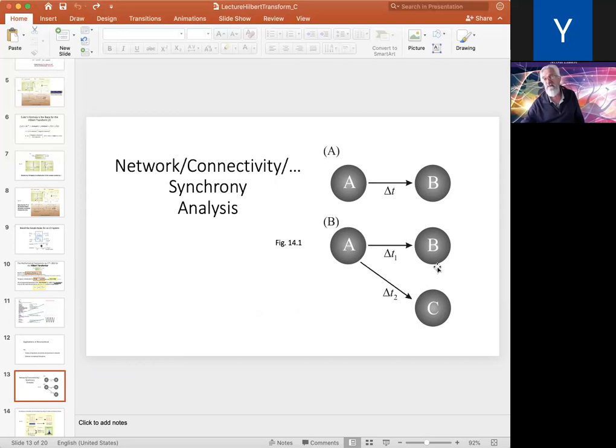But as you can see in this case, there is not really a connection between them. So you have to be careful with all these analyses, and there is actually no mathematical analysis of functional data that can show you connectivity. They can only give you an idea of putative connectivity, or if you want to be more careful, you can say it tells you something about the synchrony, the level of synchrony or asynchrony.